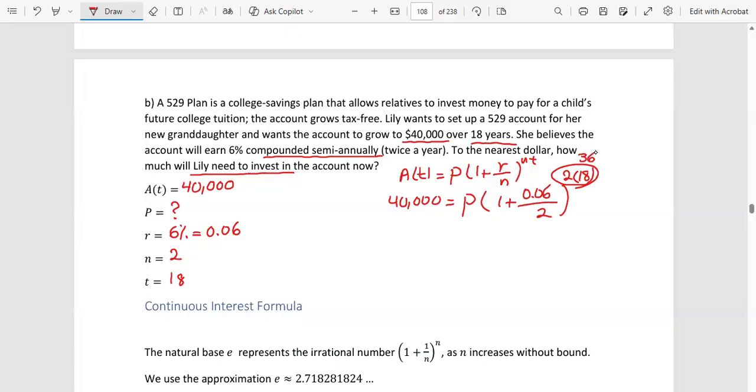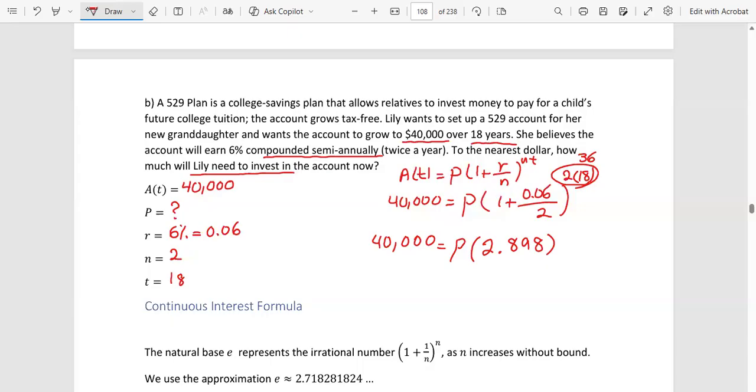We have to simplify the parentheses first to see what we get. 0.06 divided by 2 plus 1, raised to the power of 36 is 2.898. I prefer to not round too much right now because it changes the final answer. Let's keep the rounding for the final answer.